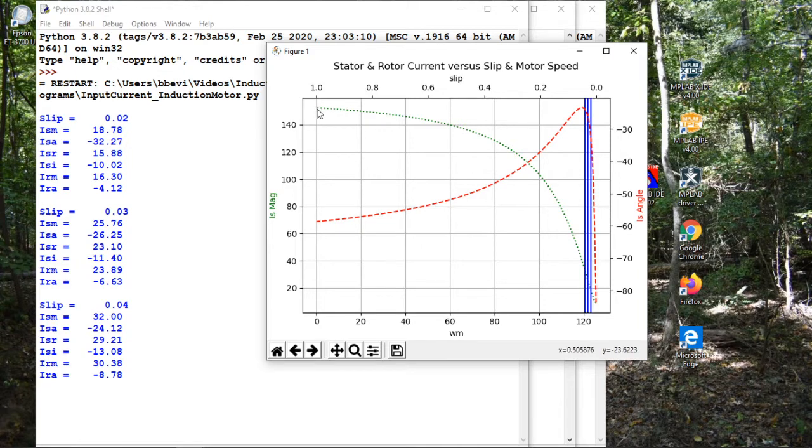Now this is interesting. You notice that the current going in has a negative phase angle here. Okay, in this case it is negative because what's happening is that the current is lagging the voltage, which makes sense, right? The current's going to be lagging the voltage because it's appearing as an inductive impedance.